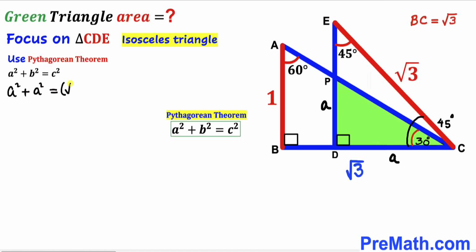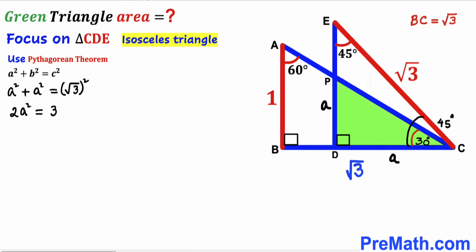Let's combine the like terms. We get 2 times a squared equals 3, and now I'm going to divide both sides by 2 to isolate a squared. So 2 and 2 cancel, and a squared is equal to 3 divided by 2.